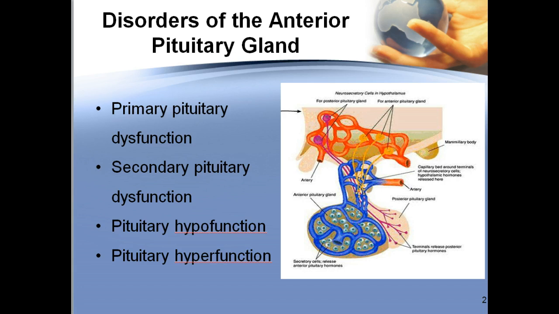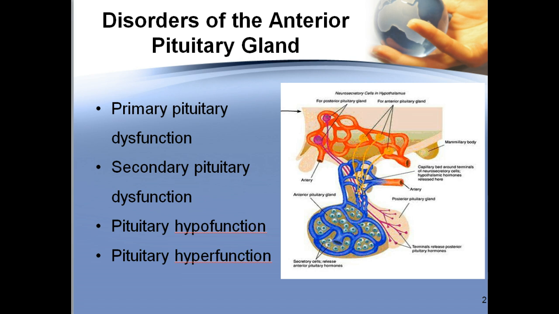So if you have problems that arise from the anterior pituitary gland itself, it's considered primary pituitary dysfunction. If you have problems that arise from the hypothalamus that change the anterior pituitary function, that is what's considered secondary pituitary dysfunction.